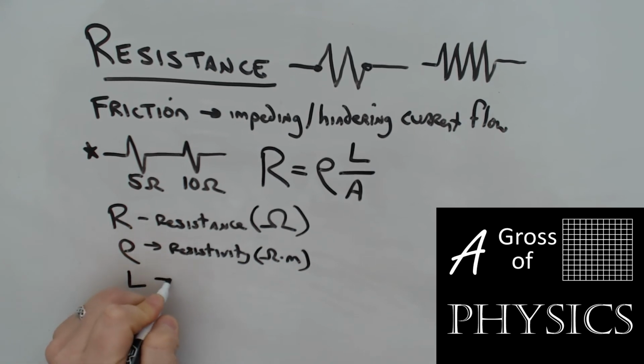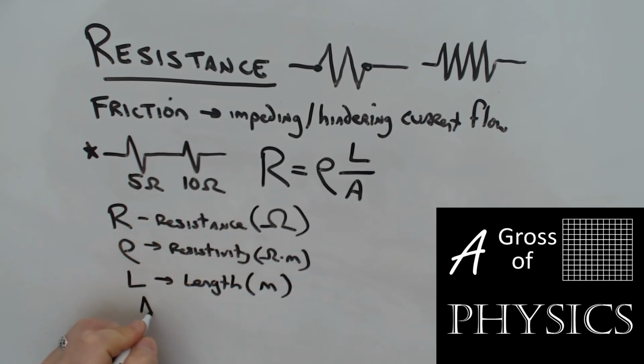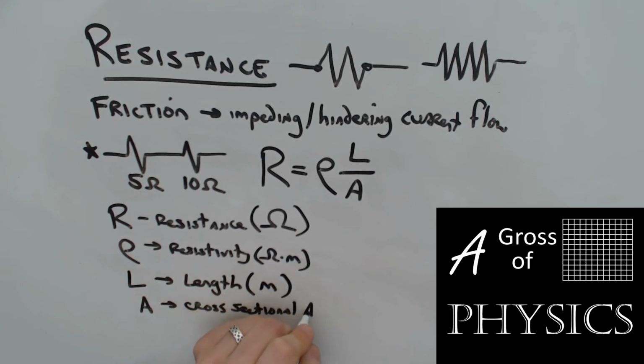L is the length, and that is measured in meters. And A is the cross-sectional area, which is meters squared.